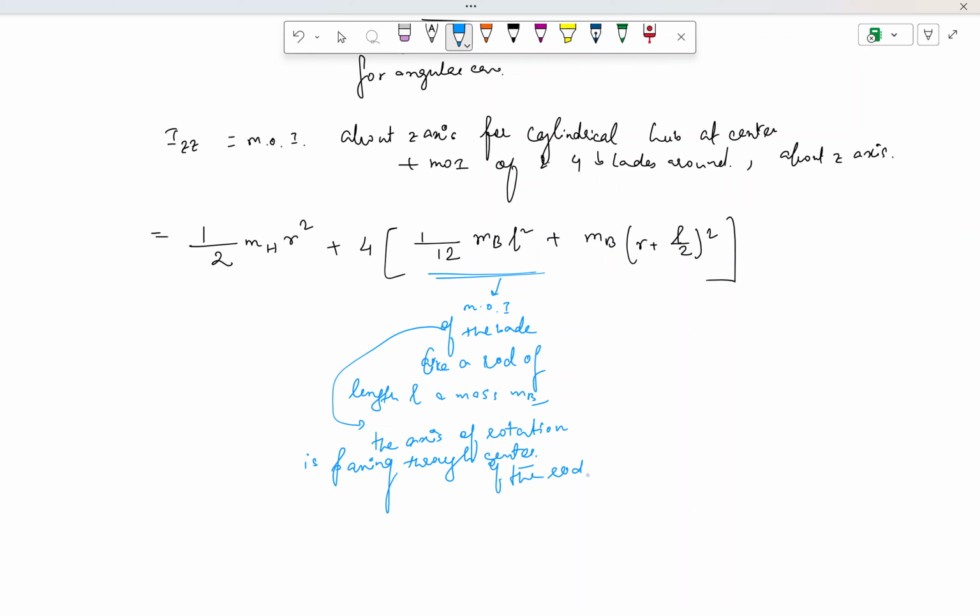In that case you already know the formula, that it is not half, it is 1 by 12 mb L squared.